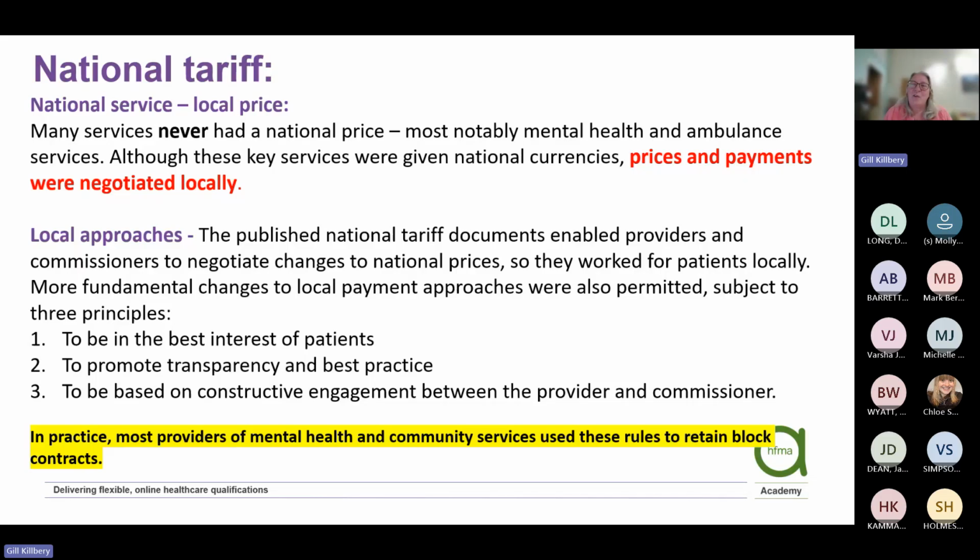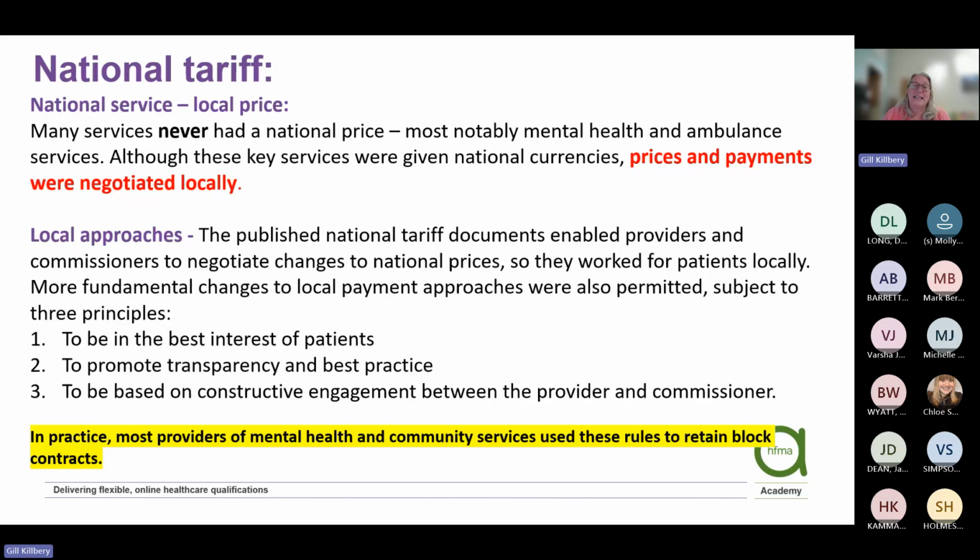To have any local approach, it's got to be in the interests of patients. It's got to promote transparency and best practice, and it's got to be based on constructive engagement between provider and commissioner. Those three elements have got to be there, and they've been consistent over the years that the national tariff's been around.